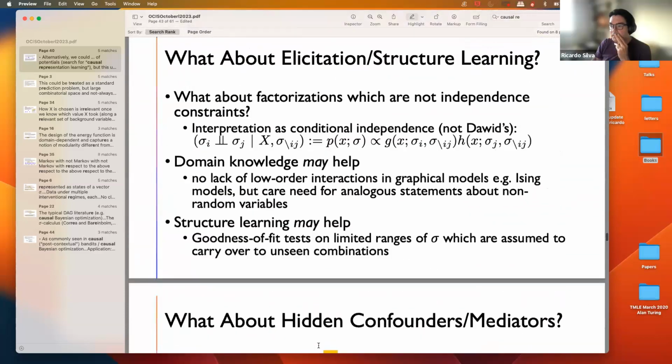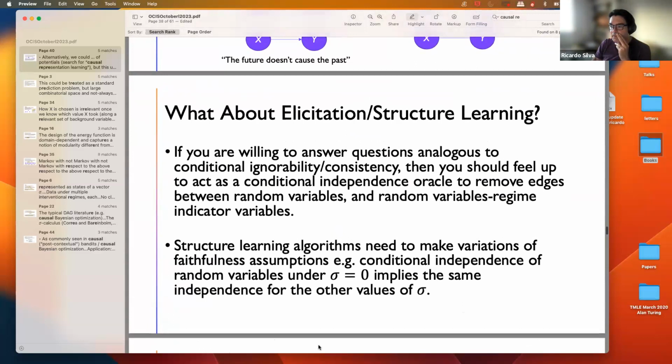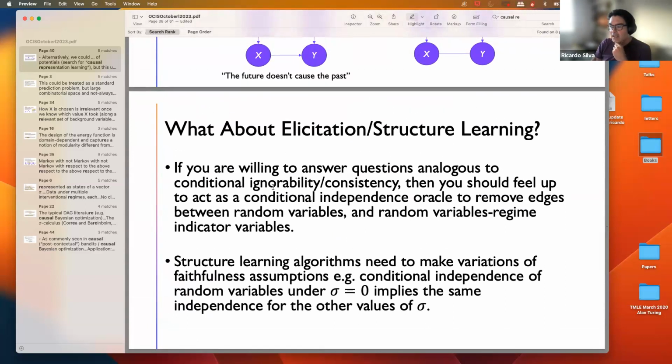Yes. So there are two main tasks to be solved. One of them is conditional dependencies among the components of the model. If we have one random variable independent of another given something else, you could in principle query an oracle for that. The structure learning problem, of course, is that just like when you have observational data only, you only have that particular regime, you don't have the interventional regime.